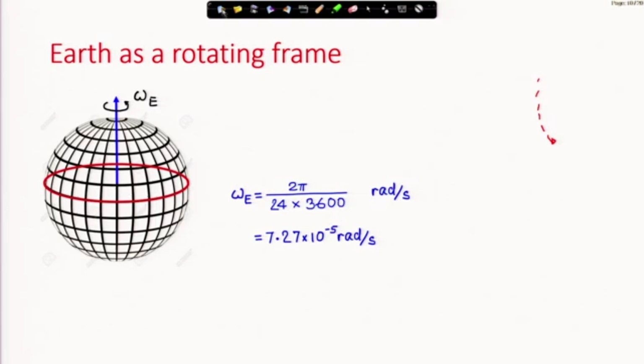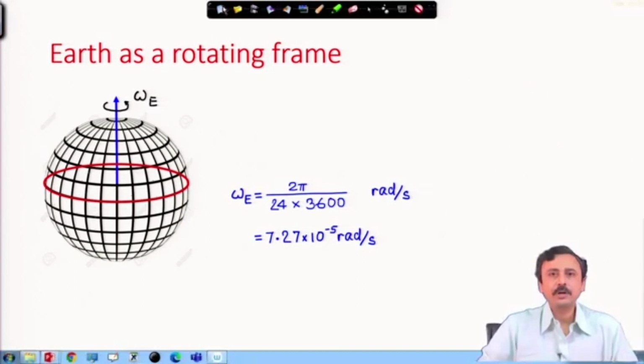I have here shown the calculation of the omega of the Earth. It rotates 2 pi radians in 24 hours, that is 24 times 3600 seconds, and the omega of Earth turns out to be 7.27 times 10 to the power minus 5 radian per second. It is a very small angular velocity, I am sure you will agree.